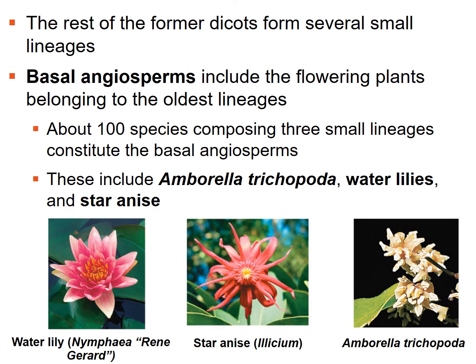The rest of the former dicots form several small lineages. Basal angiosperms include the flowering plants belonging to the oldest lineages. About 100 species composing 3 small lineages constitute the basal angiosperms. These include Amborella trichopoda, water lilies, and star anise.